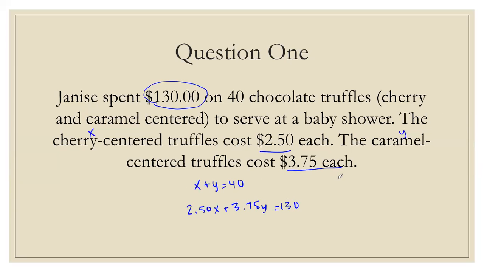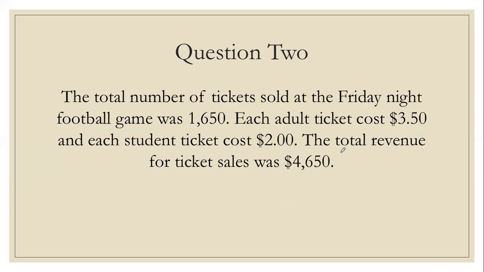Make sense? Okay, let's try another one. All of these are going to be two equations. At the Friday night football game, 1,650 tickets were sold. Each adult ticket costs $3.50 and each student ticket costs $2. So x plus y equals 1,650 because that's the number of tickets sold, and it says there are adult tickets and student tickets.